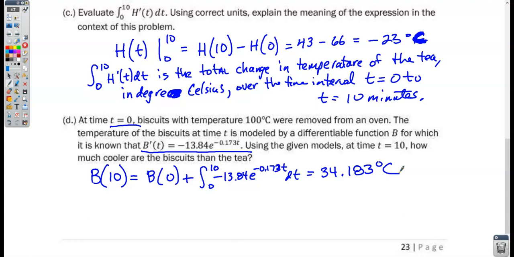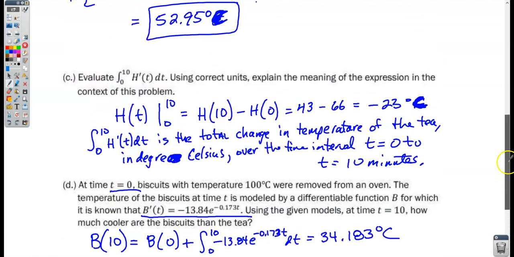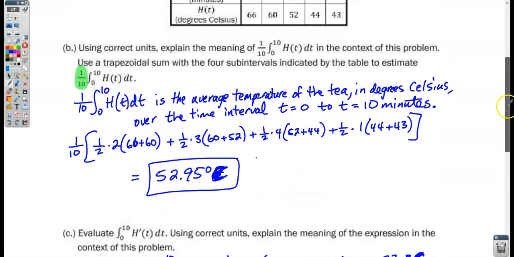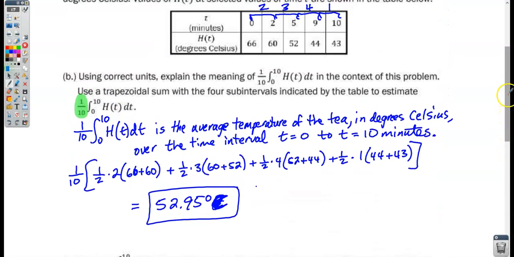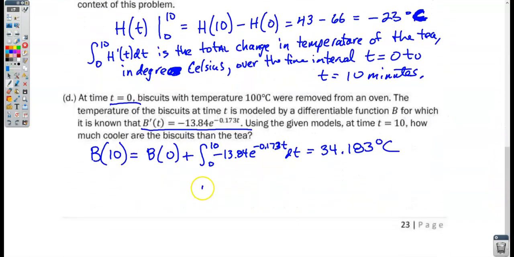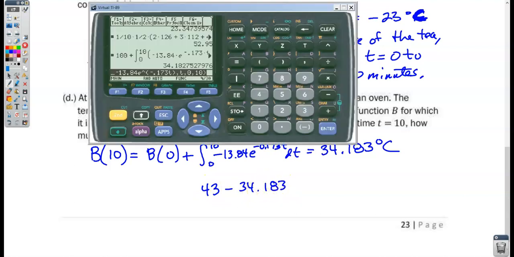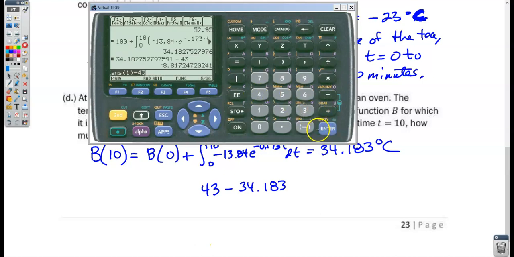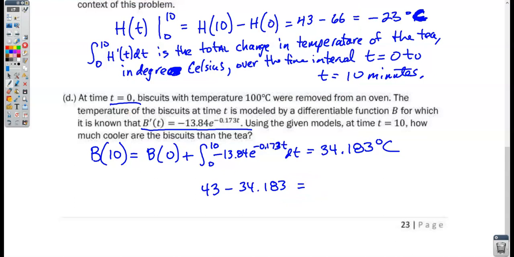That's the temperature of the biscuits. And the tea at time 10, we can get that from the table, is 43 degrees Celsius. So 43 minus 34.183 gives me 8.817 as how much cooler the biscuits are than the tea.